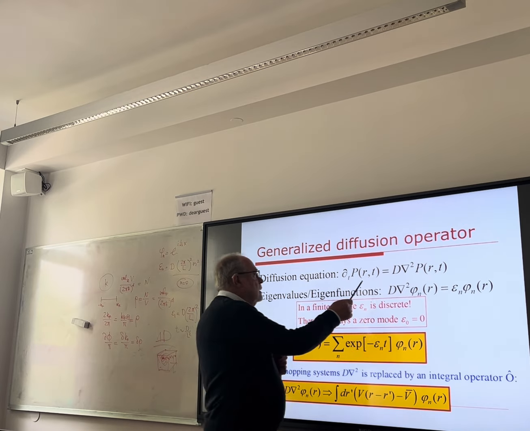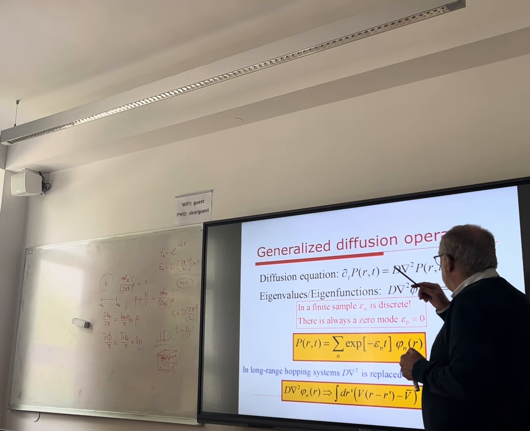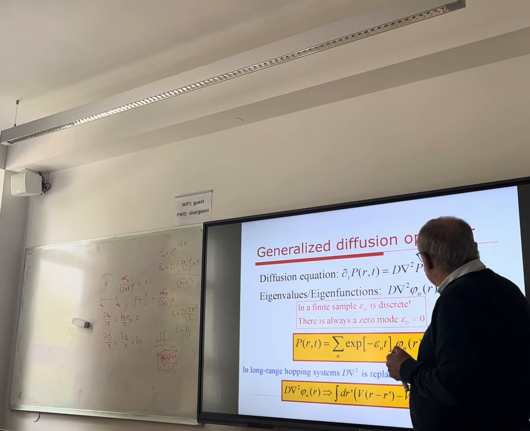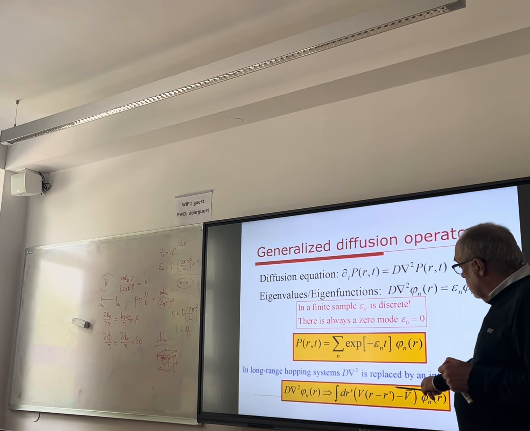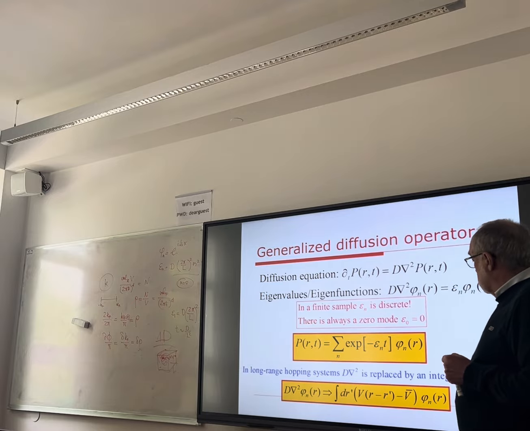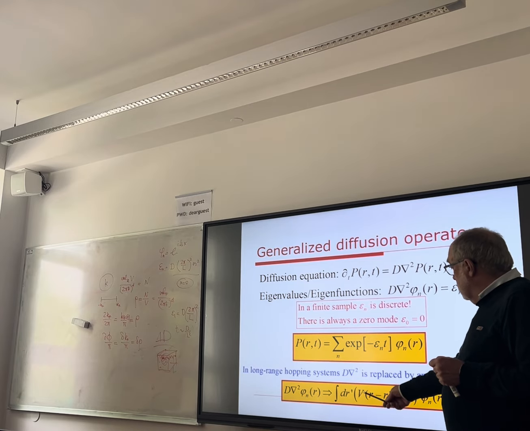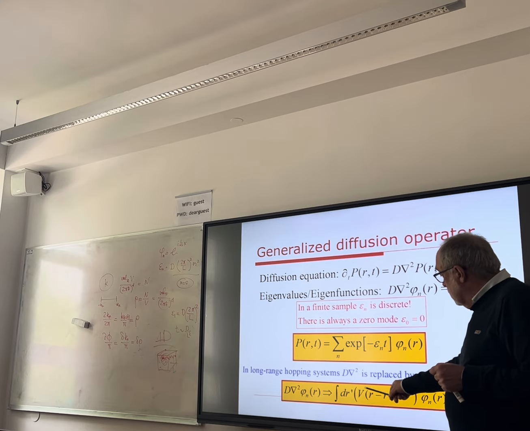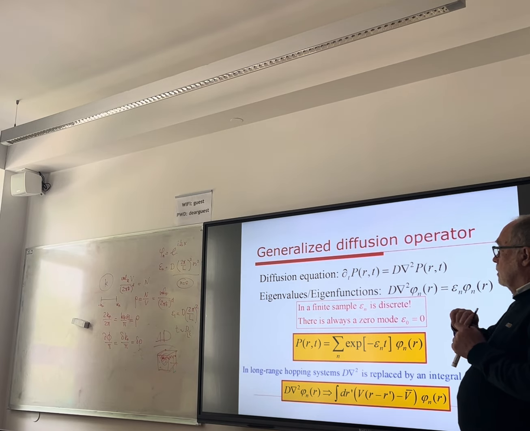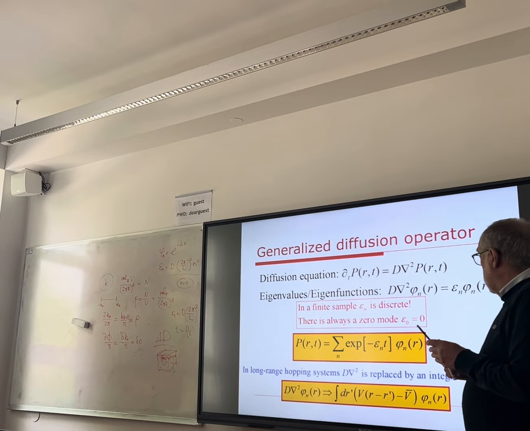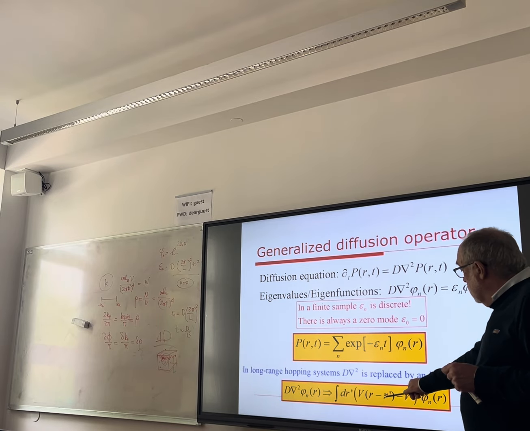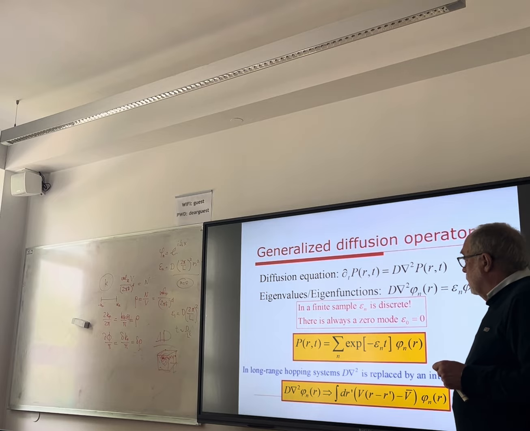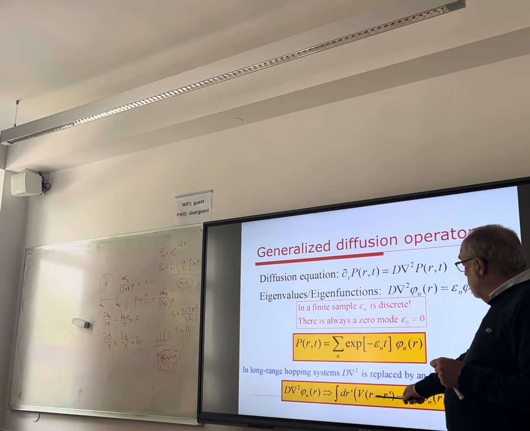And this means that even if I have long-range hops, like in the power-law banded matrix model, I still may write down something like a diffusion equation, but instead of this differential operator, there is the integral operator. So there is this variance of the hopping, and then there is the average over volume of that. Why? Because I have to have a zero mode.